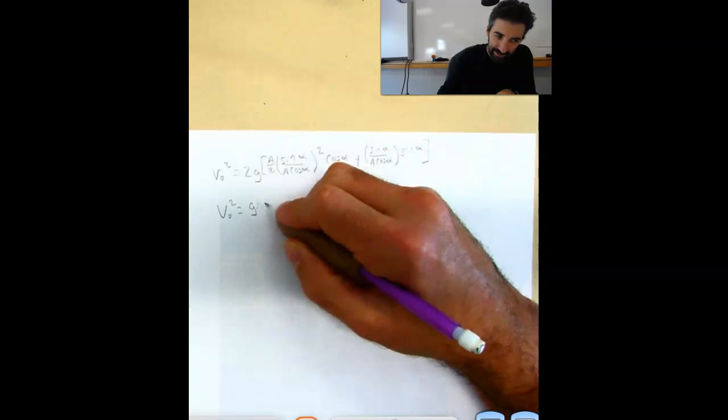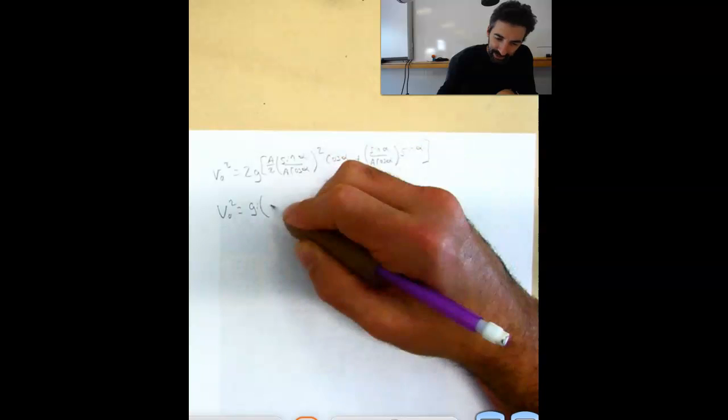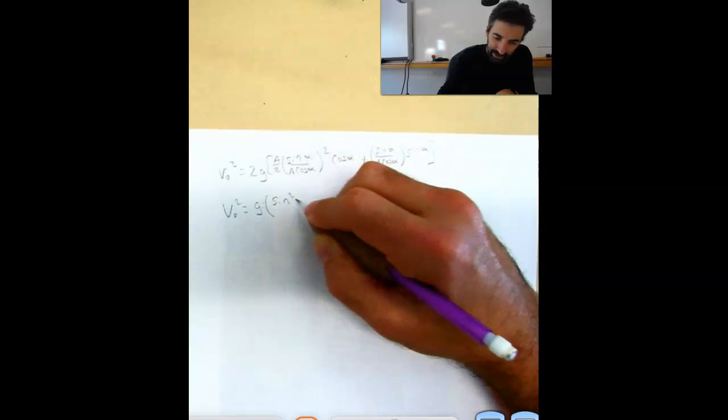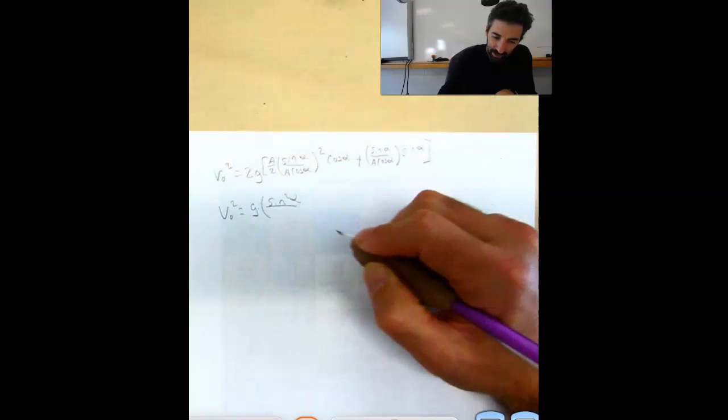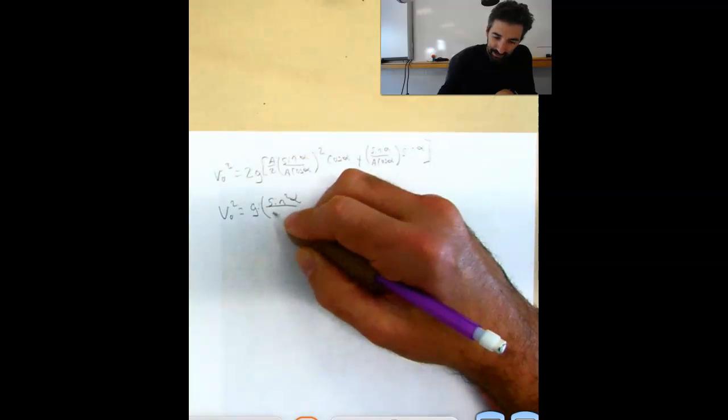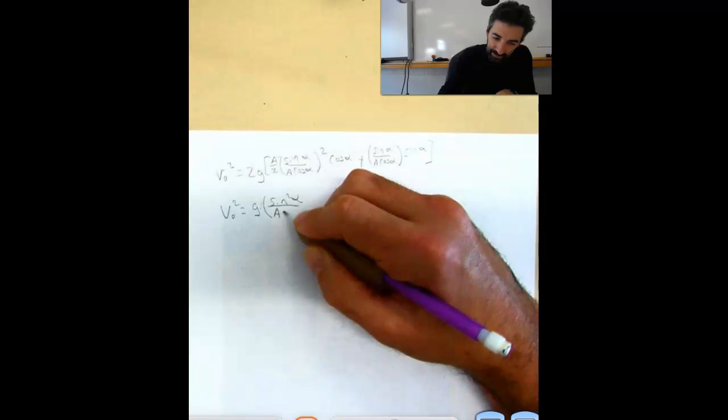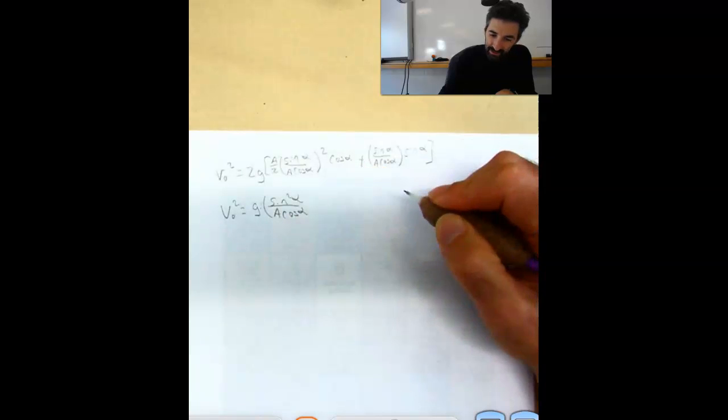So a squared is going to be there, a is up there, so that a is going to go. That's going to be a sine squared alpha. That cosine squared is going to cancel with that, and that a squared is going to cancel one of those. So that's just going to be an a divided by an a cosine alpha.